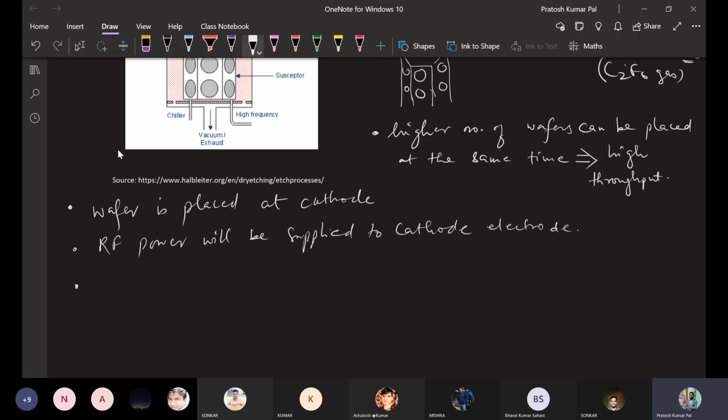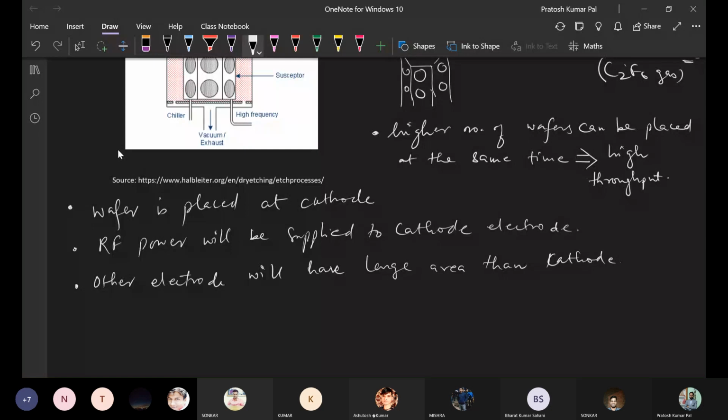So the other terminal or other electrode, which we can call the anode basically, will have a larger area than the cathode, because we are supplying the RF power to the cathode, so that the other electrode can have a high area.